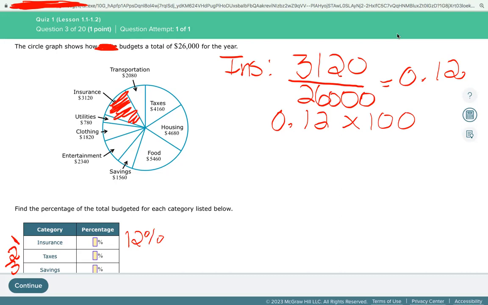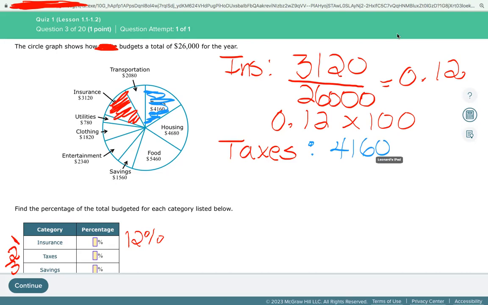And just like you do it with the insurance, you're going to do likewise for the taxes. So we go into the taxes section, and we find what part of this pie chart is being dedicated to taxes. Let me grab a different color here so I can highlight it on the pie chart. So right here, guys, I am highlighting the taxes, and you have $4,160 allocated towards taxes.